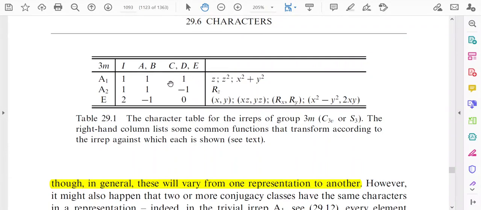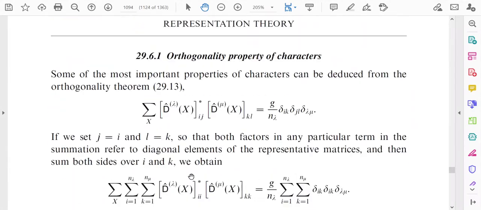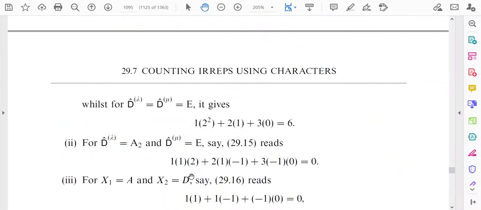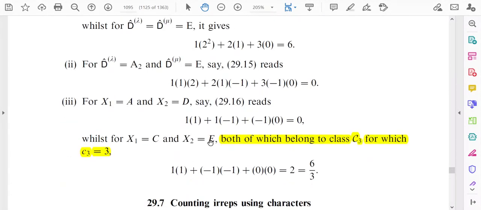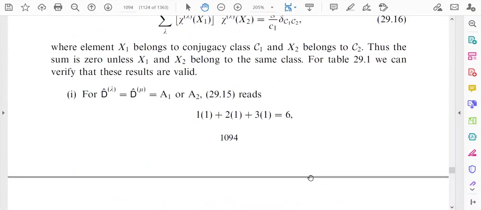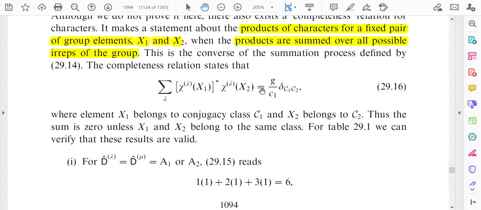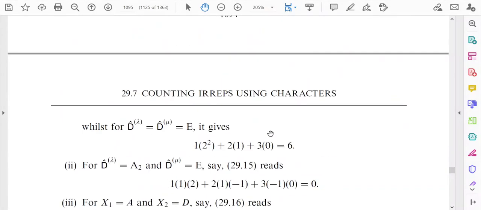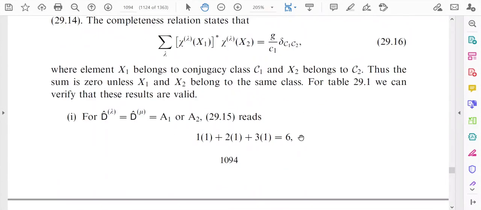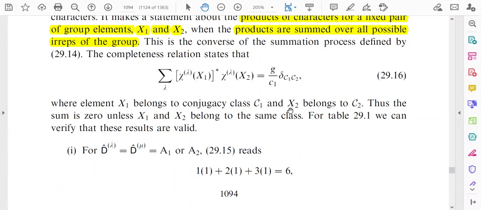So the product between the elements will be 1 into 1, then minus 1 into minus 1, then 0 into 0. So let us check it. This gives us 2, and 2 can be written as 6 by 3. Why have we written 6 by 3? Because the formula is G by C1. G is 6 and C1, the number of elements in the class C3, is 3. That is why we have written 6 by 3, and delta C1 C2 will be 1.